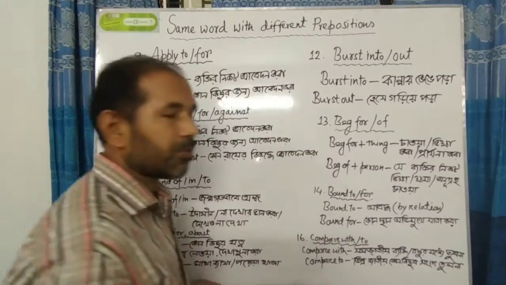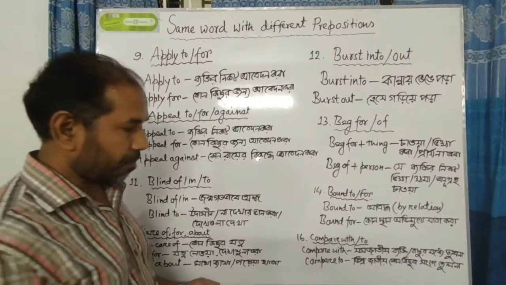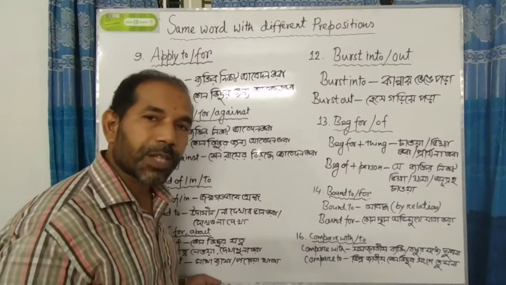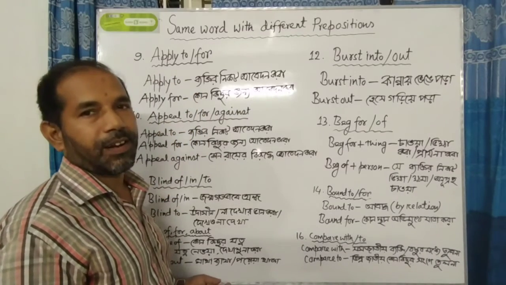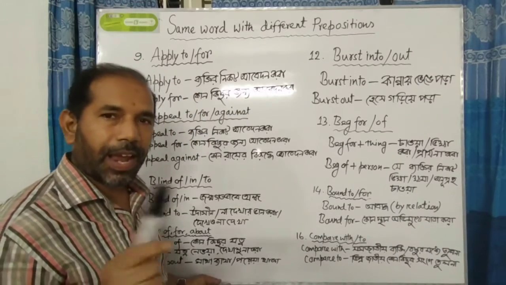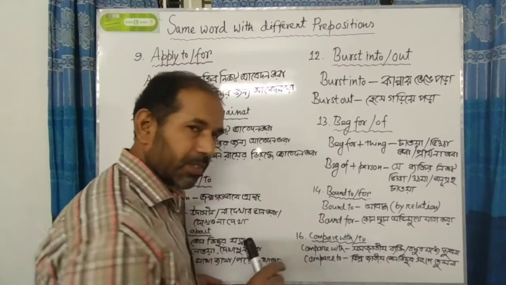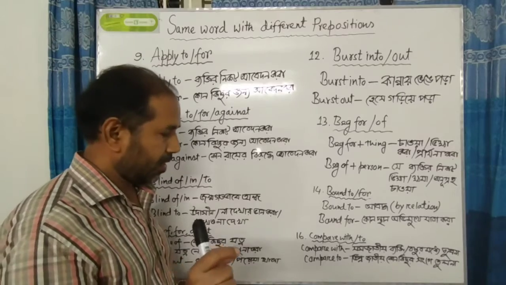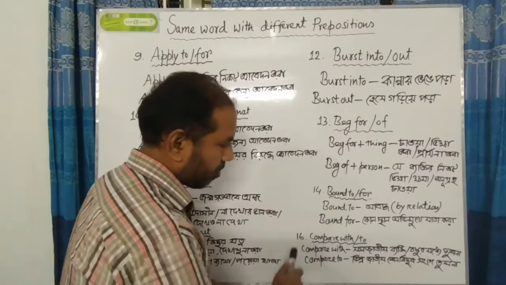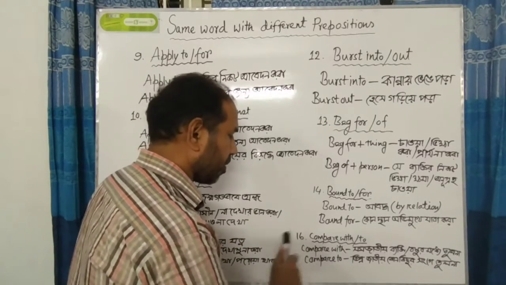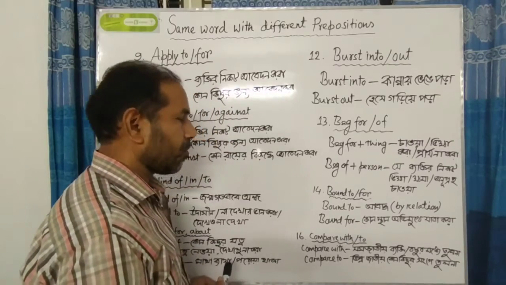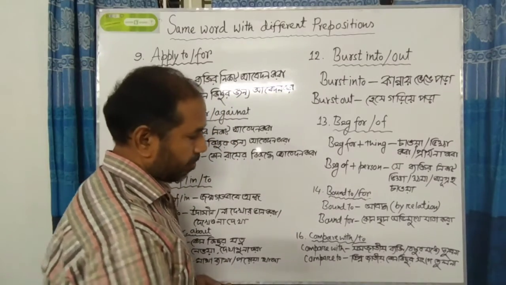Sometimes we say anger is compared to fire. Fire burns everything, anger also burns everything. There is no similarity between fire and anger. So you have to memorize the meaning of these two prepositions very well.